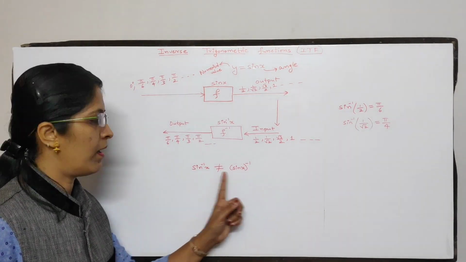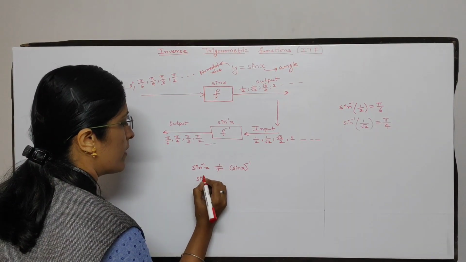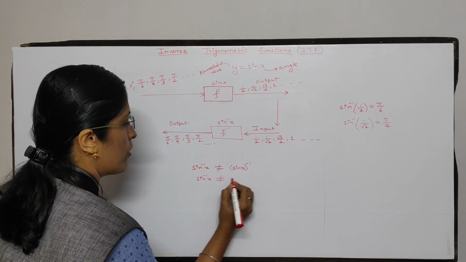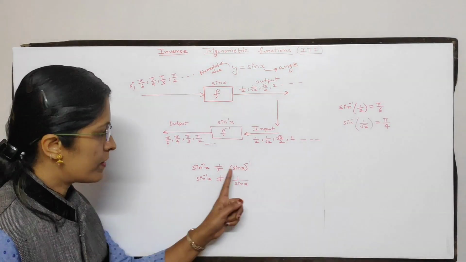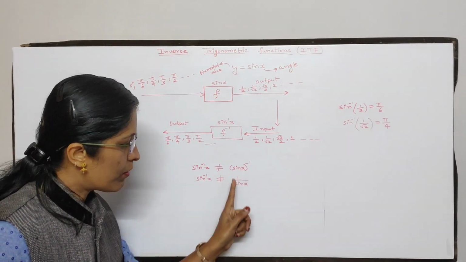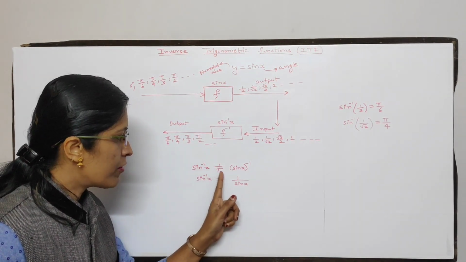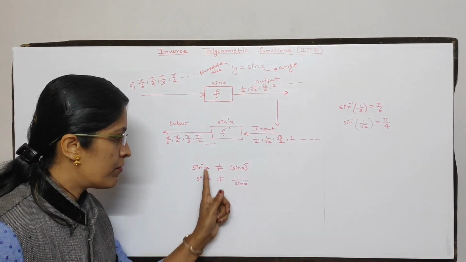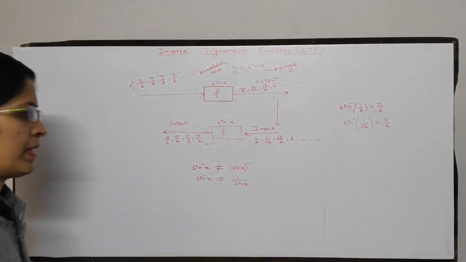This is different and this is different. And also, sine inverse of x is not equal to 1 divided by sin x. Although sin x whole inverse is equal to 1 by sin x, sine inverse of x is not equal to 1 divided by sin x. Remember this. Next.